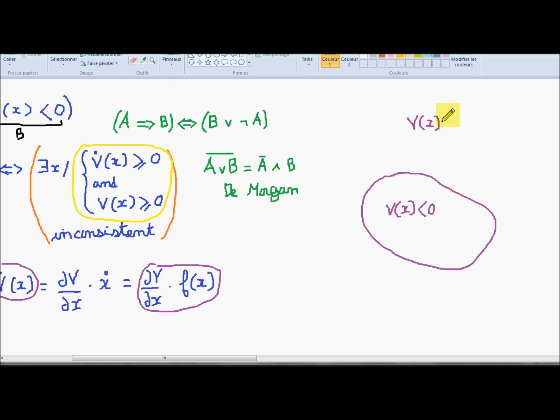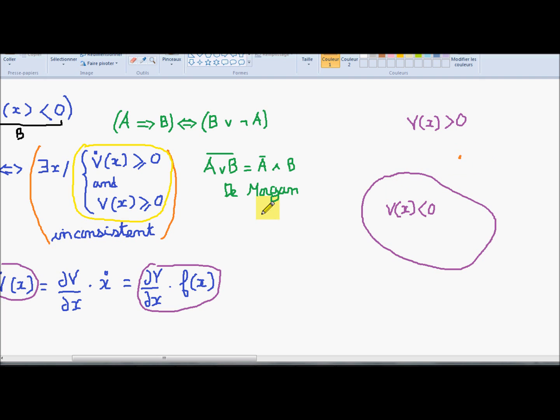Okay. Now, if this is inconsistent, it means that I cannot find one point such that V is positive, like this one, and where the derivative V dot is positive.